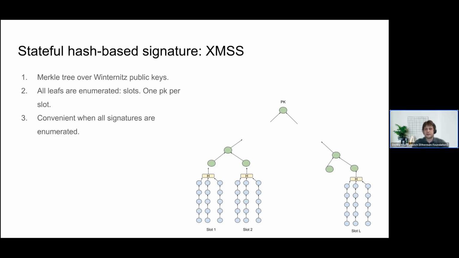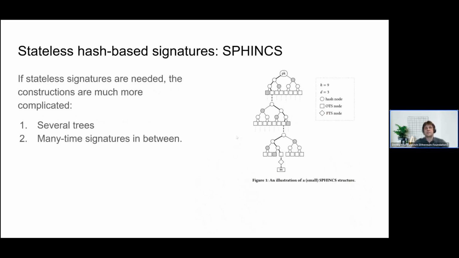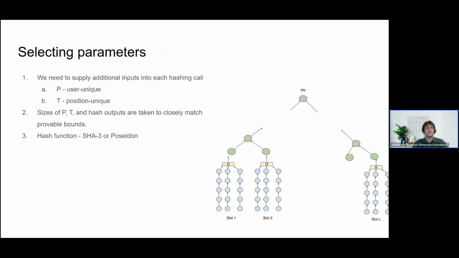Because of that, we don't need a more sophisticated hash-based signature construction like SPHINCS. In SPHINCS, they want to use the same public key multiple times, and every time do something different, so that the verifier doesn't know how many times a single public key is used. That construction is more sophisticated, and the resulting signature is also much bigger. But in our case, it's smaller and simpler.